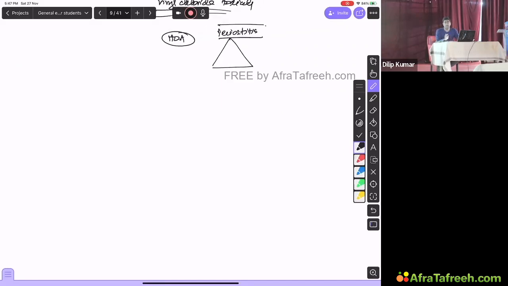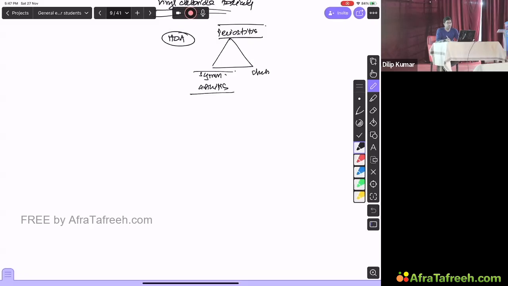Tibia is the most commonly affected bone, invariably affected, but it can affect any long bone. Then it can produce symmetric arthritis, like rheumatoid arthritis. Finally, the third component is clubbing. This is the typical triad of hypertrophic osteoarthropathy.